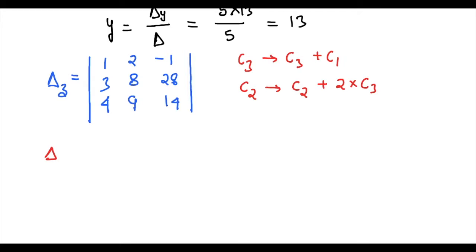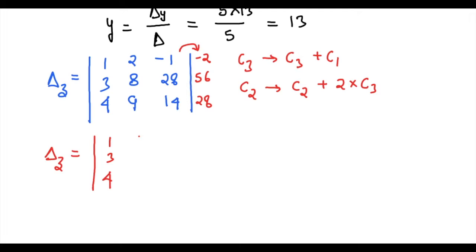So del z is nothing with column number 1, 1, 3, 4. In column number 2, twice of column number 3. So what is twice of column number 3? That will be minus 2 and 56 and 28.